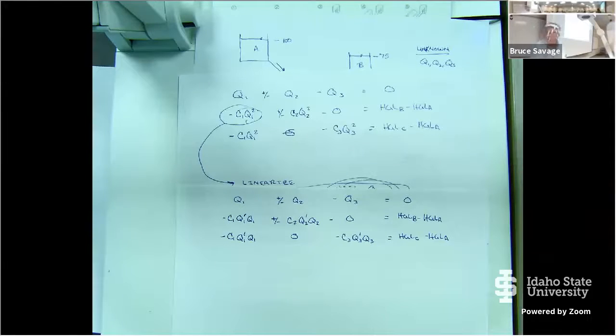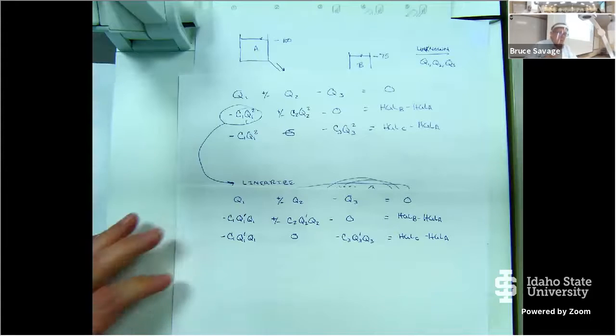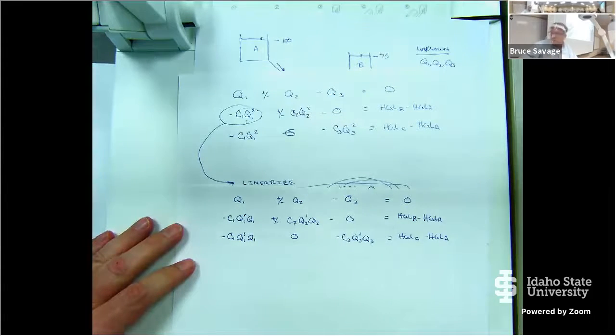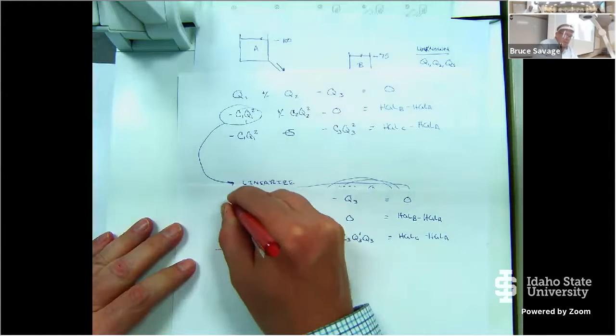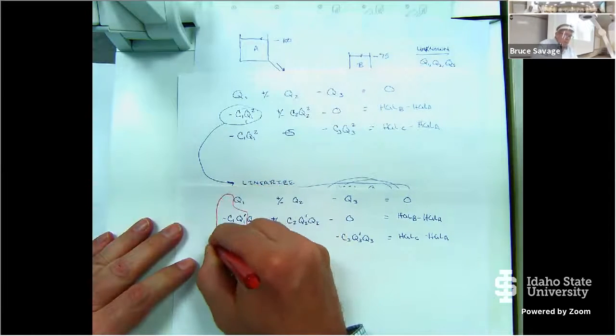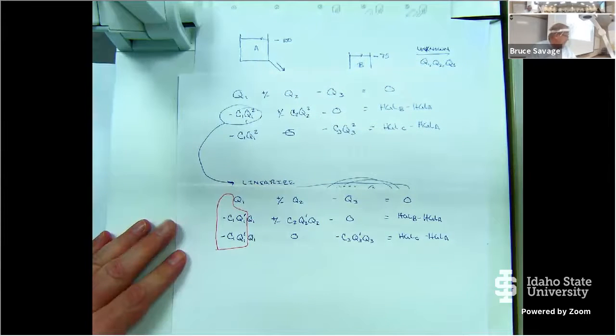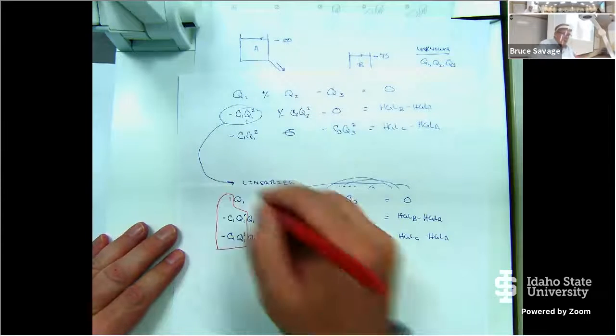Again, let's see. Okay, good. So now you'll notice that I can take, I really wish the colors would show up better up here, but I can take, now what's the coefficient out in front of Q1? 1, right?